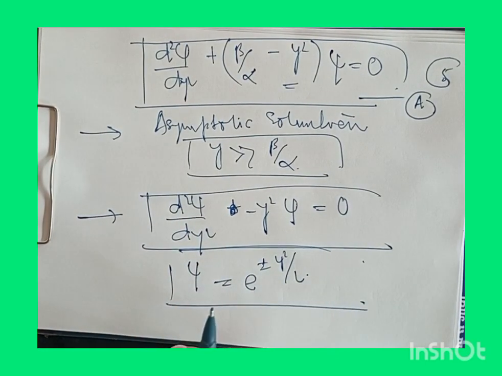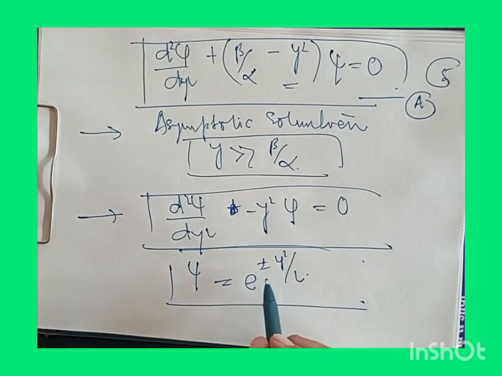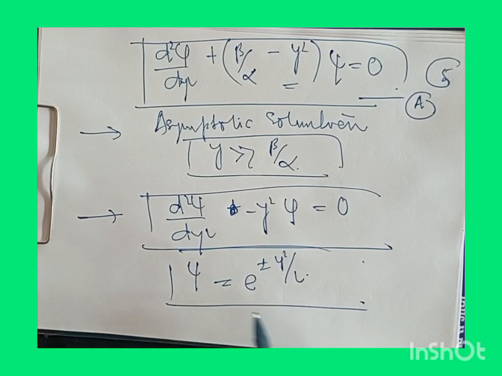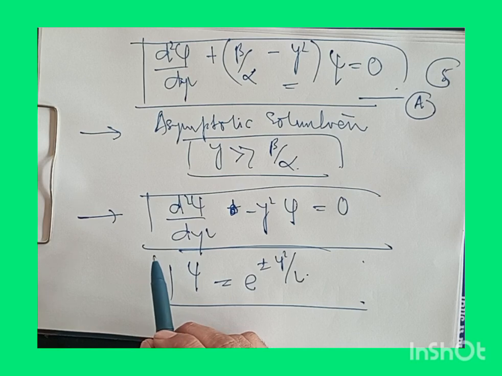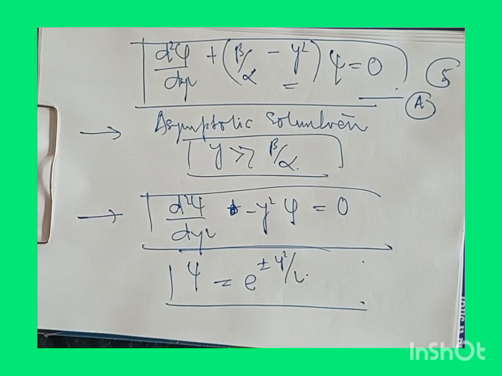Now, certainly we are proposing two possible solutions for this differential equation, but if we go with the probability density, psi star psi gives us the probability of finding the particle somewhere along the x-axis that we have chosen.